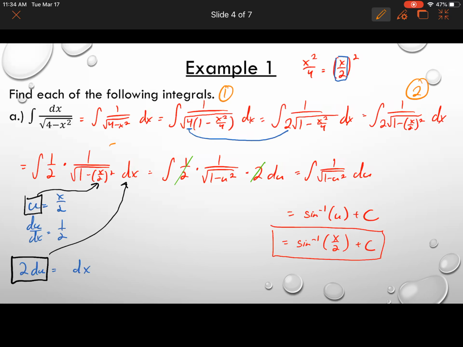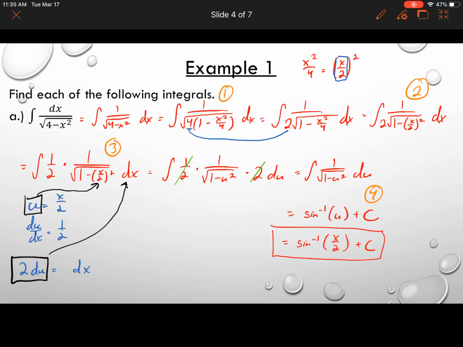And then we did our substitution. And then finally we did our antiderivative. So once again, step 1, we turn the 4 into a 1. Step 2, we turn the x squared over 4 into the quantity x over 2 squared. Step 3, we use the substitution. And then step 4, we did the antiderivative.